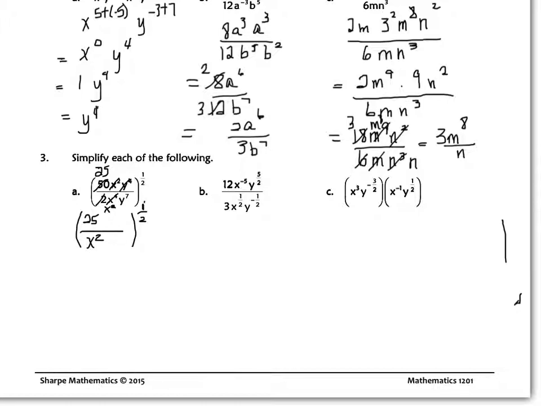And the y to the 4 can cancel out 4 of those y's in the bottom, leaving you with just a y cubed in the bottom. So I would have 25 over x squared y cubed, all to the half. Can I just rewrite that again, because it's kind of squished in there. So that would be 25, sorry.